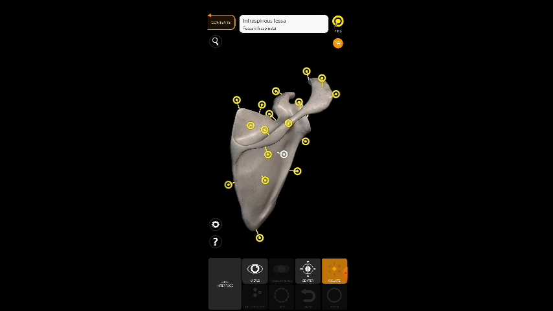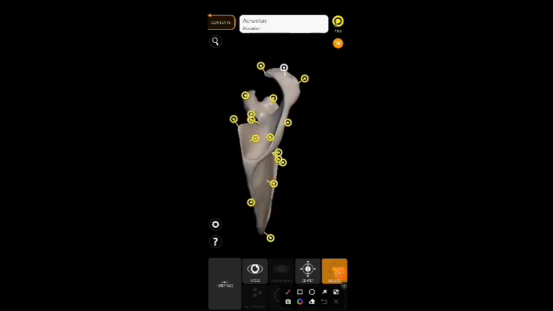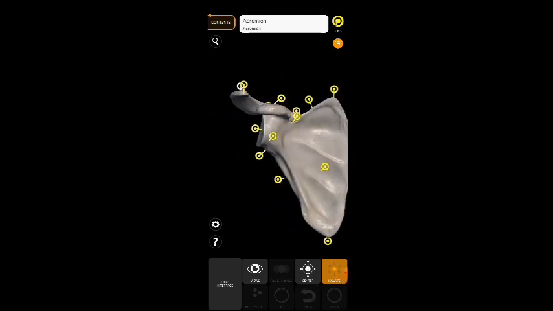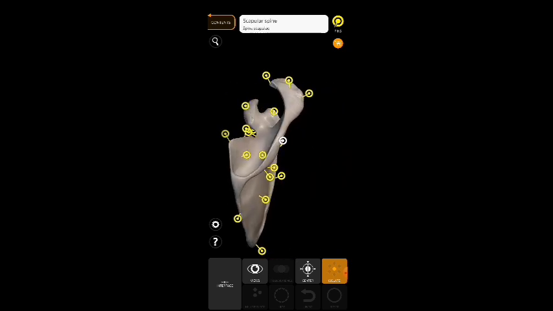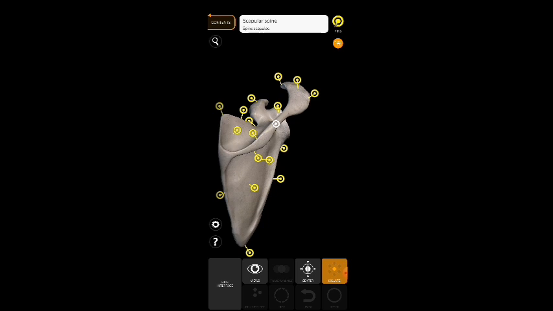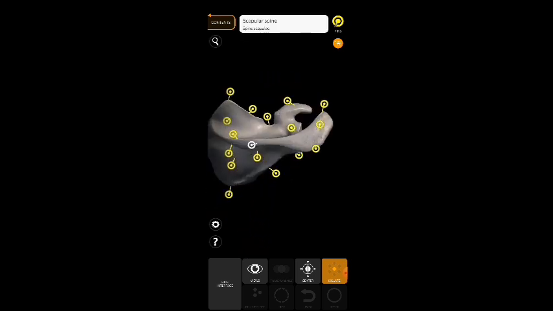Scapula has 3 processes. One is the acromion process. This is the acromion process. This is the coracoid process. And one more process, this is the spine, the scapular spine.